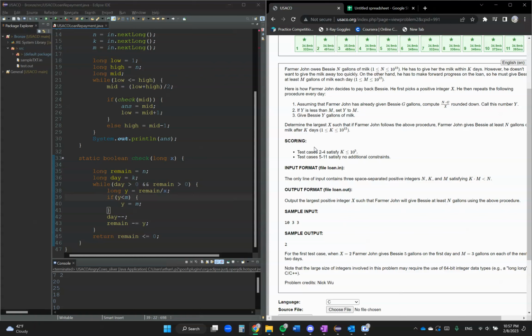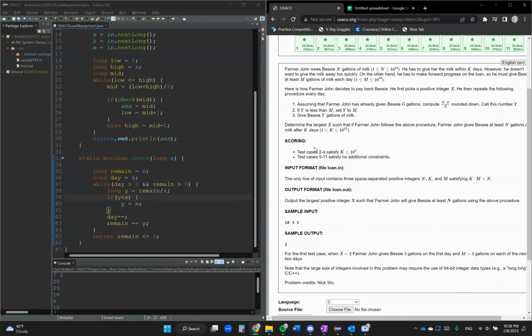So we want to see how many days can produce the same numbers y.